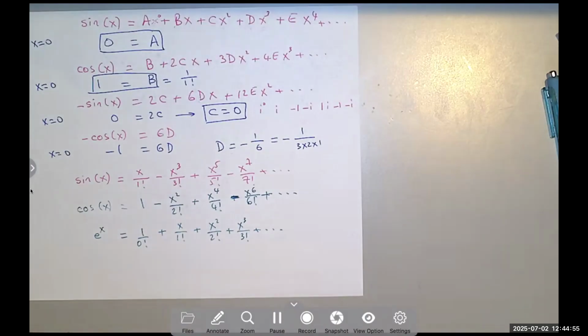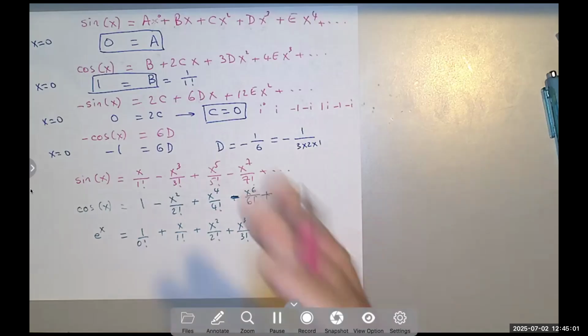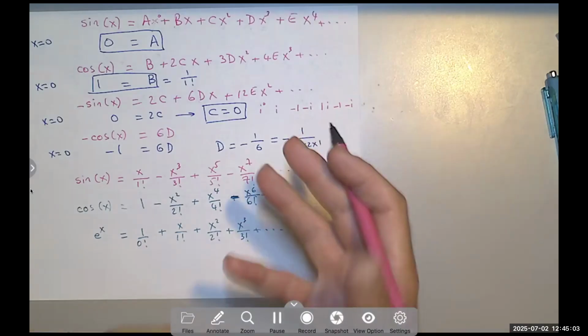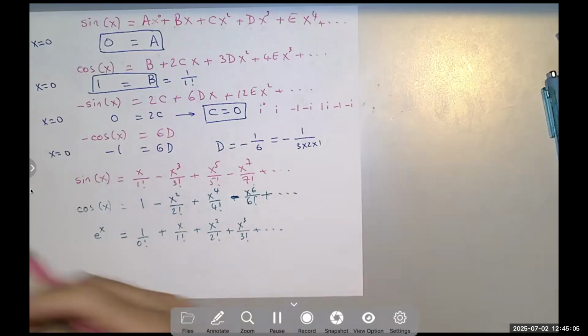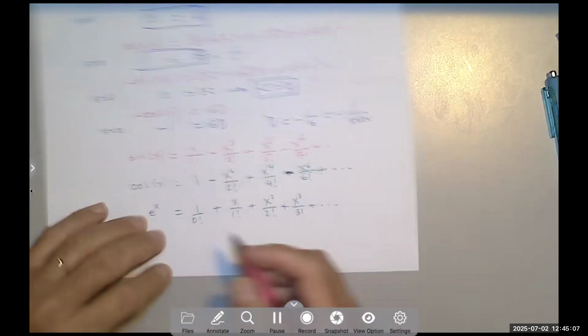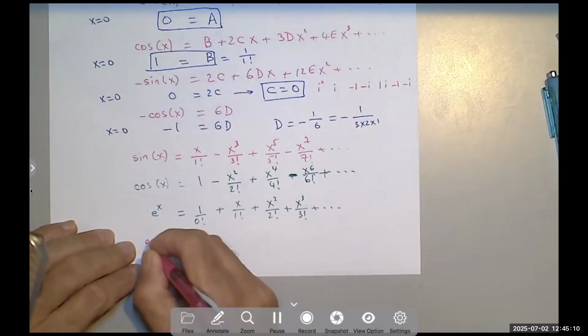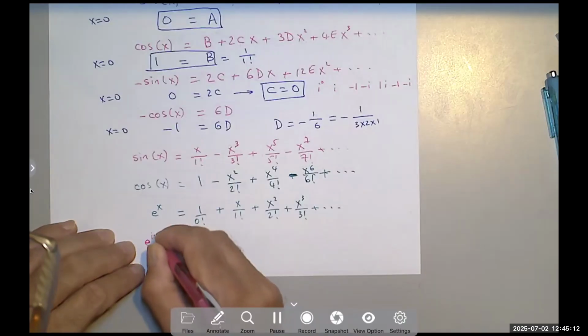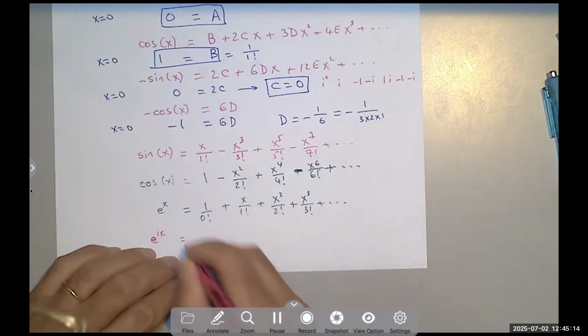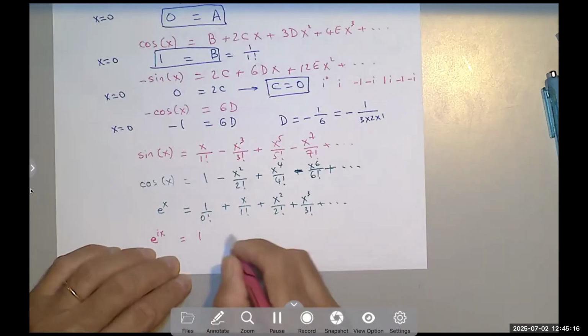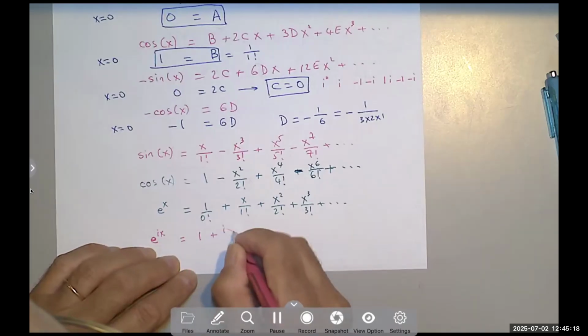So what if I do e to the ix? Meaning every time I see an x, I replace it with ix. You learn how to do functions, right? So I can rewrite this as e to the ix equals 1 plus ix.